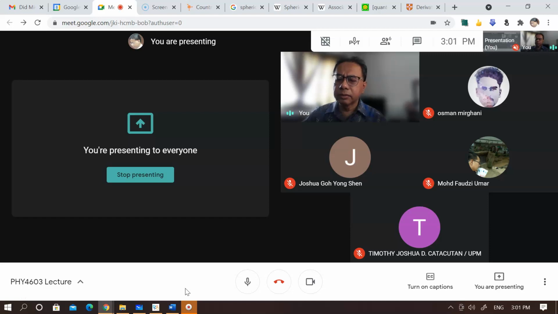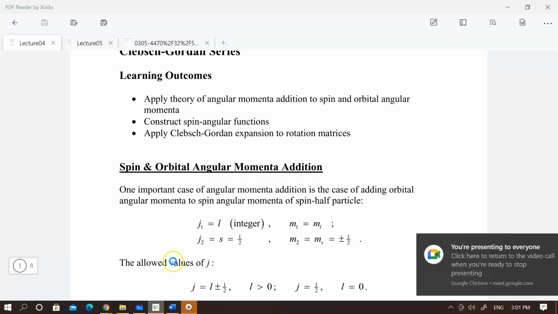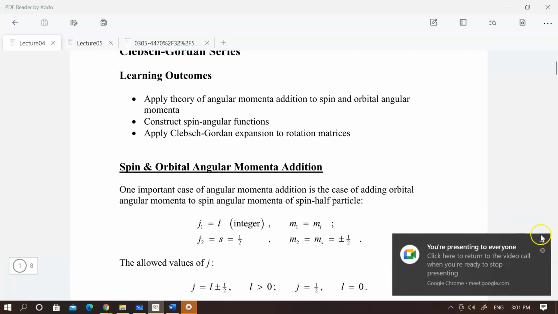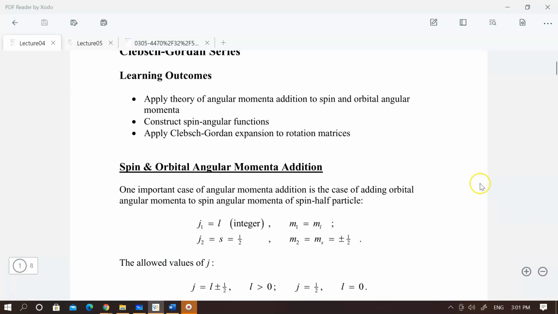So we'll continue with the lecture for angular momentum addition. Let me just recall, last time we looked at spin and orbital angular momentum addition. We have gone through it, and somewhere towards the end I stopped.